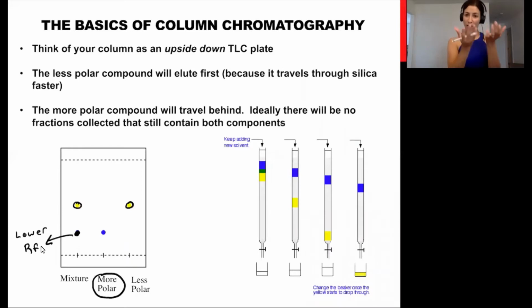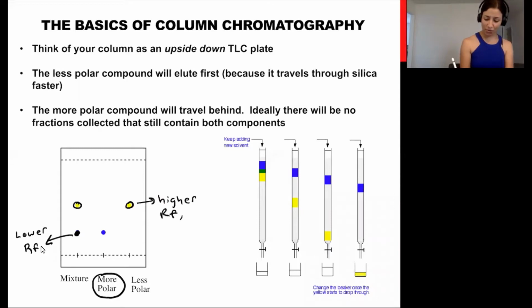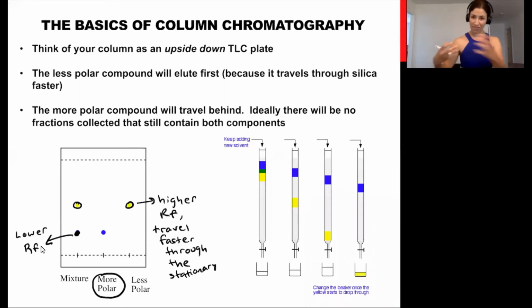Our yellow molecule, shown here, travels farther up the plate, meaning it does not absorb onto the polar silica gel as tightly, and thus it has a higher RF. Or as we said in the last module, we could think about this, that this travels faster through the stationary phase. So this molecule spends more of its time traveling away with the solvent.